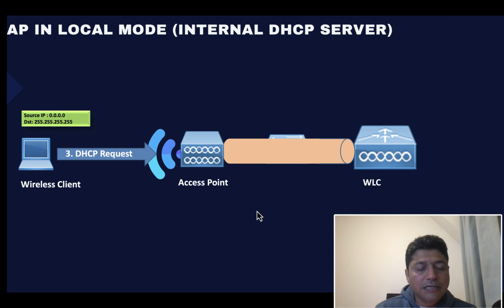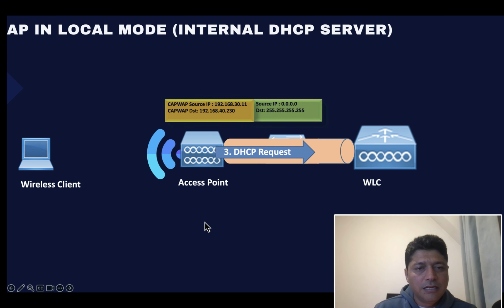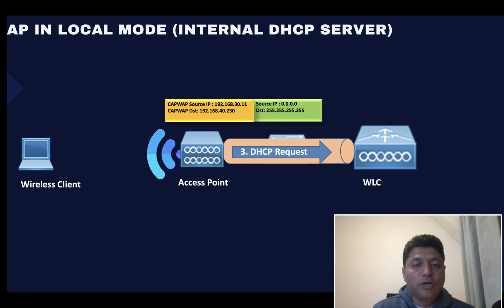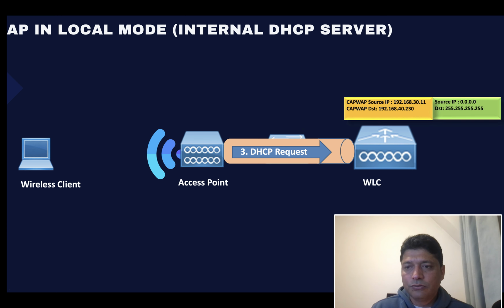Now that packet goes to the access point. Again the same process: the access point would encapsulate that packet with the outer header as a CAPWAP header and send it to the controller.